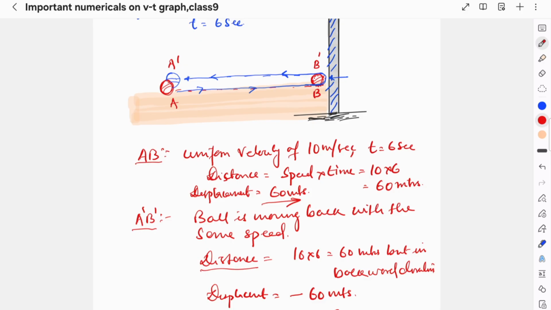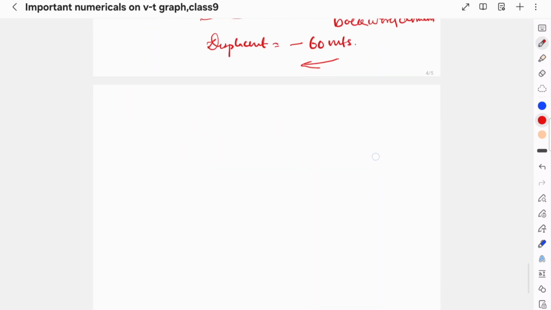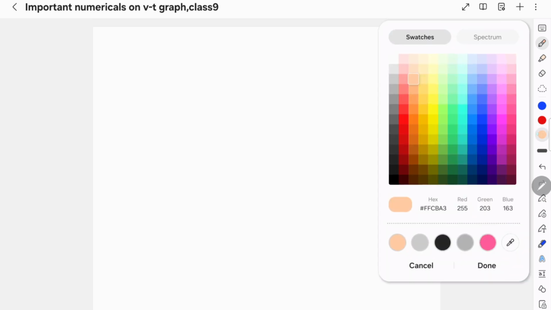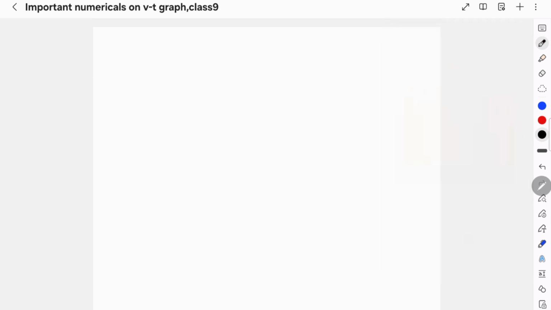Now if we draw the velocity time graph, it will be something like this. This is the time in seconds.